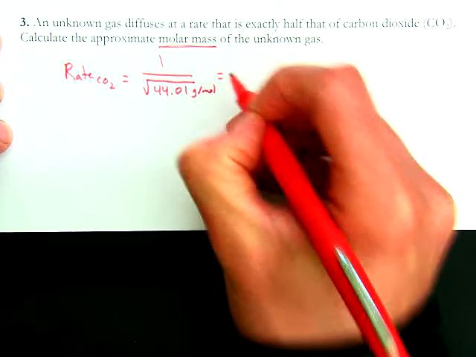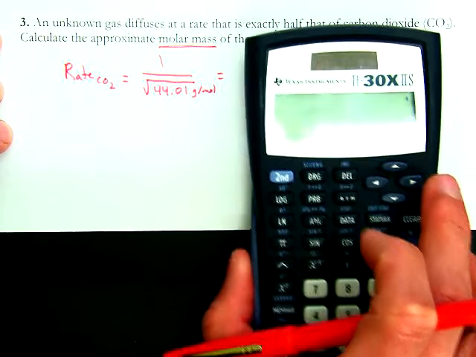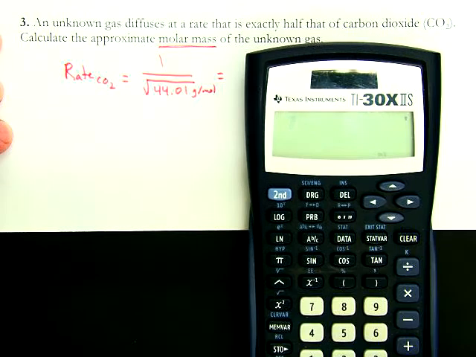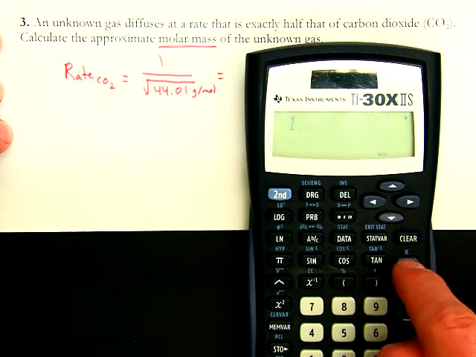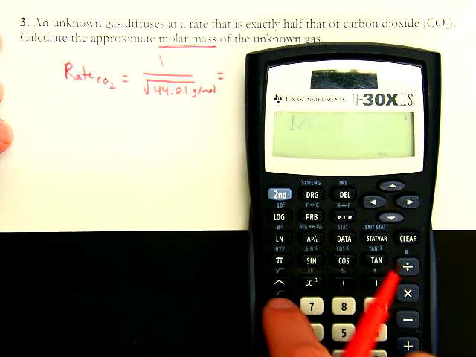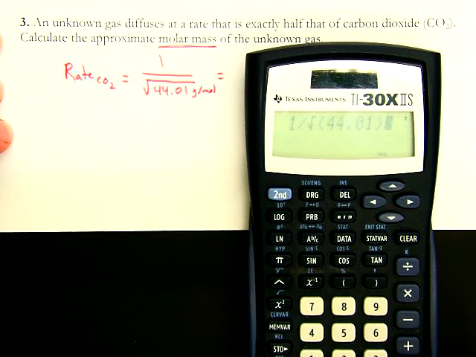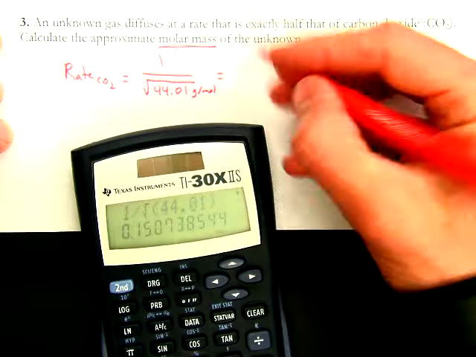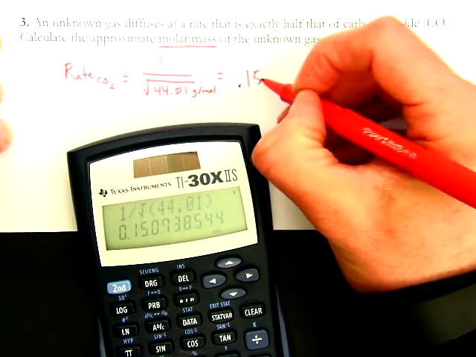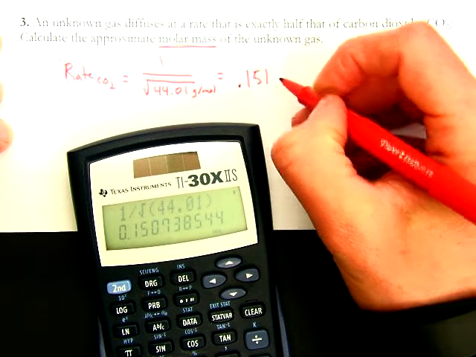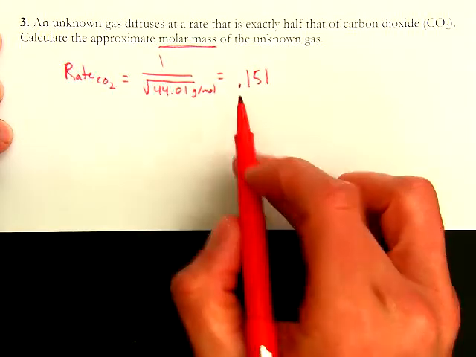If we do that and we look at the rate, we can actually take that rate and then divide it by 2. So 1 over the square root of its molar mass, we get 0.151 approximately. Okay, so that's the rate of CO2.